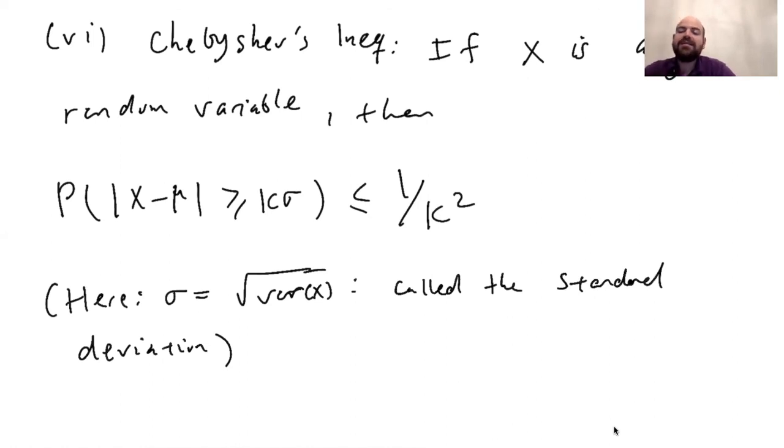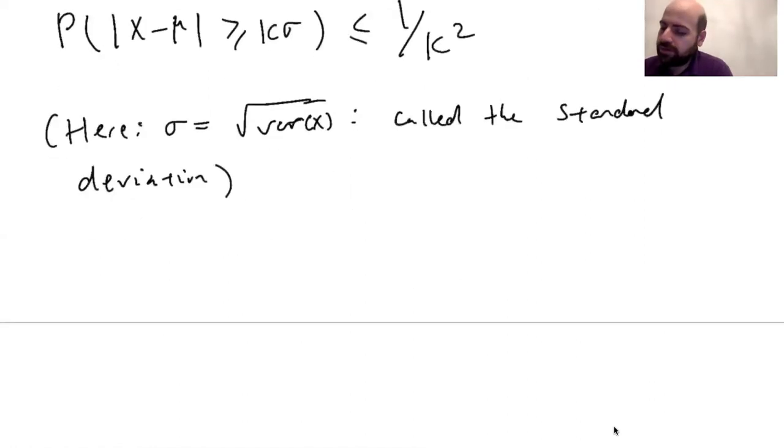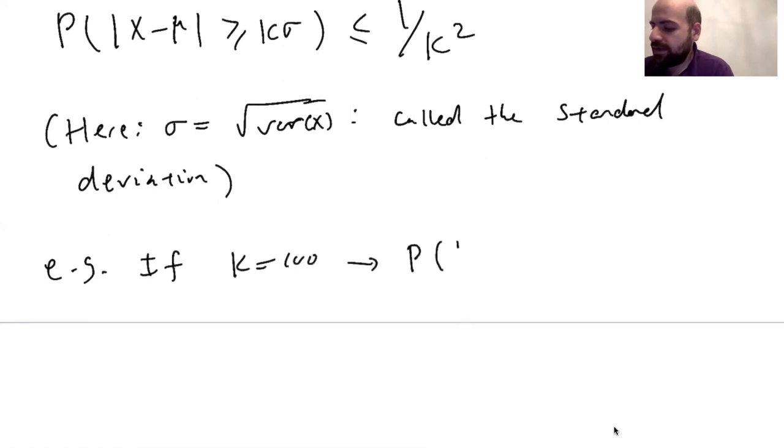It's less than 1 over K squared. So let me show you here. For example, if K is, let's say, 100, then that means the probability that absolute value X minus mu is bigger than 100 times sigma is less than 1 over 100 squared.